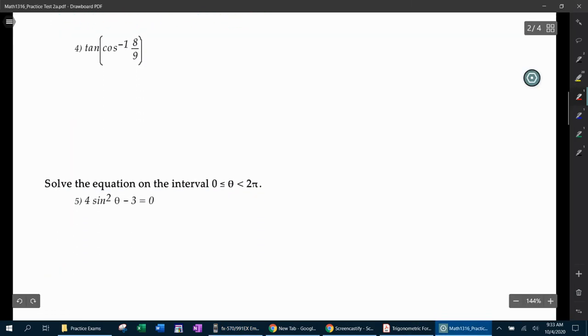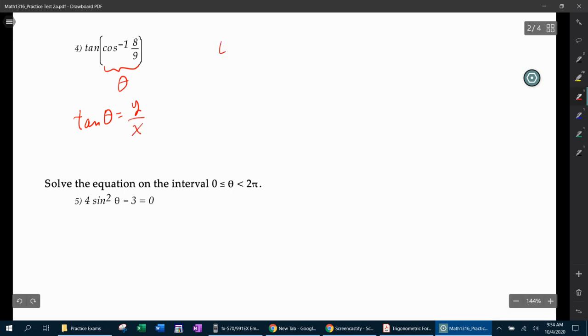Next, problem number 4. Let's see if we can find the tangent of the inverse cosine of 8/9. So an inverse trig function produces an angle, right? And so here our ultimate goal is to find tangent of theta, which is y over x.